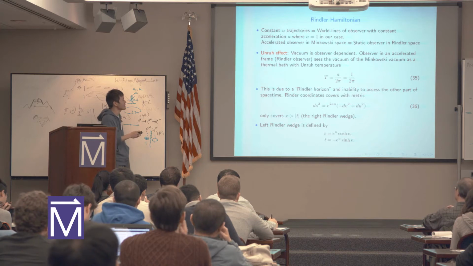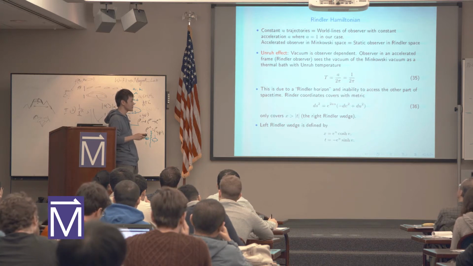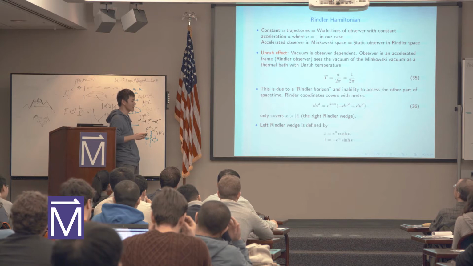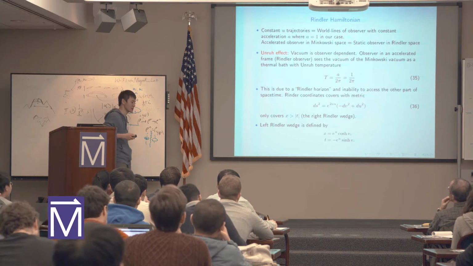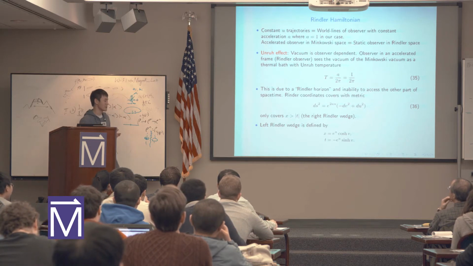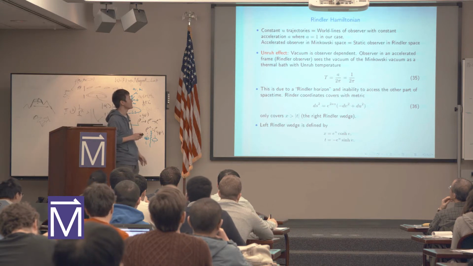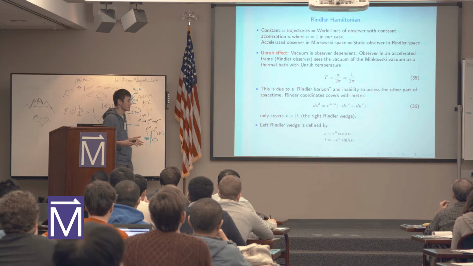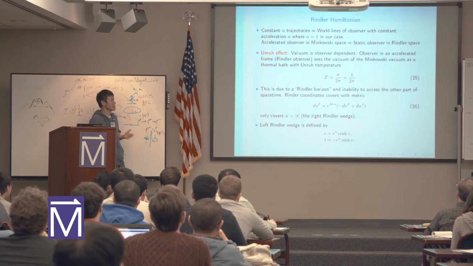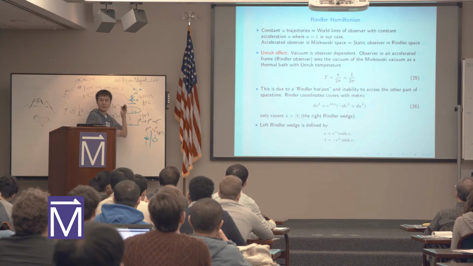But in this case, it's just 1. The accelerated observer, as it turns out, feels a thermal environment, which is called the Unruh effect. So an accelerated observer is in some sense at finite temperature.